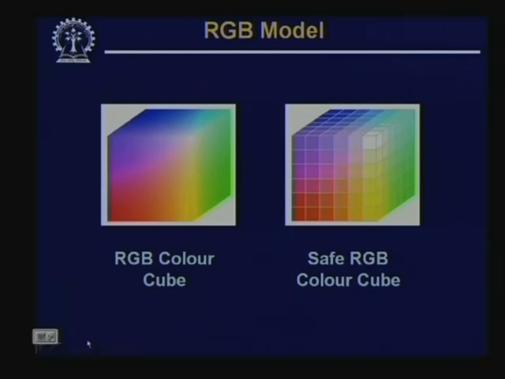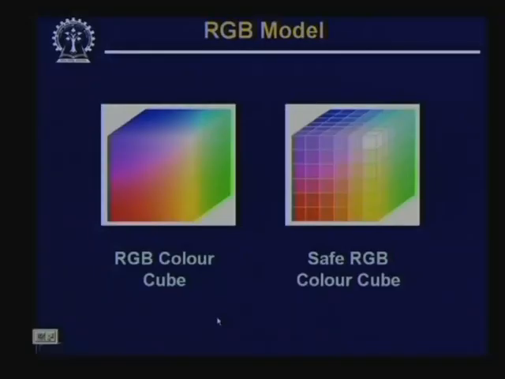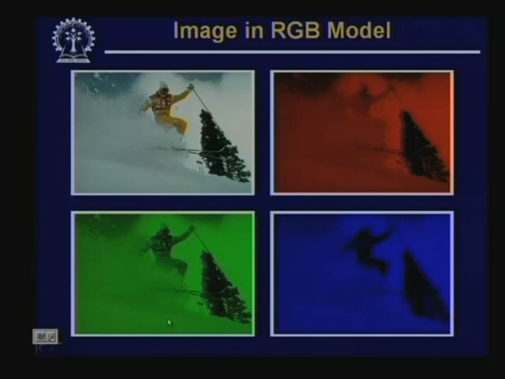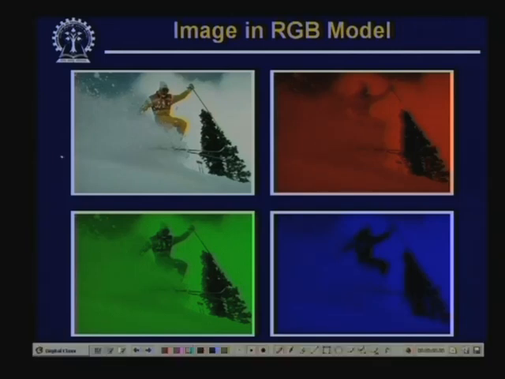It is quite obvious from this discussion that any color image will have 3 different color components, one for red, one for green and one for blue. If I take this particular color image, the top left image is the color image and the other 3 are its 3 planes.